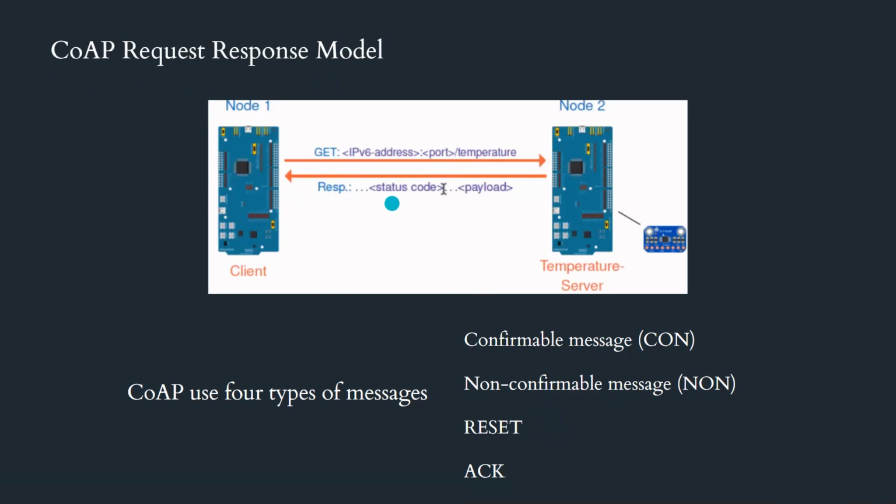So the GET method is used to receive information, and once the GET command is given, the person who's receiving that data is responding with the data that is requested.